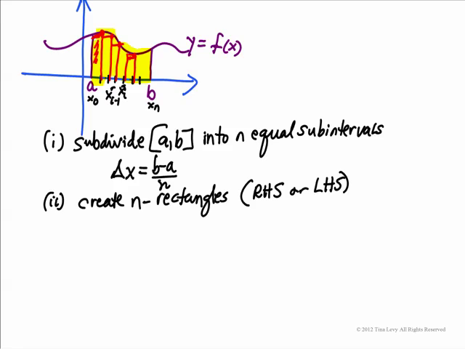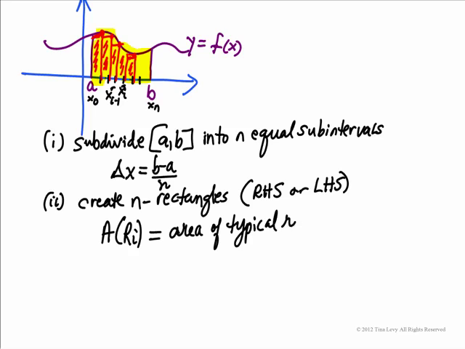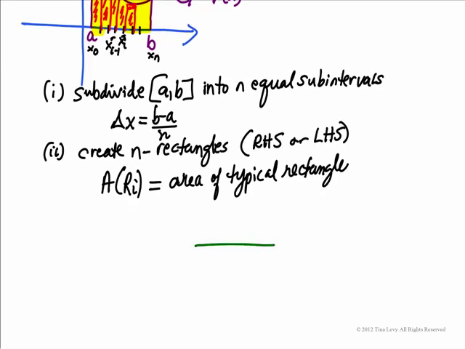We are now going to look at an expression for the area of each of those rectangles, in particular the area of the typical rectangle. So A of R sub i is the area of the typical rectangle. Since I'm doing a right-hand sum, here's x sub i minus 1, here's x sub i.